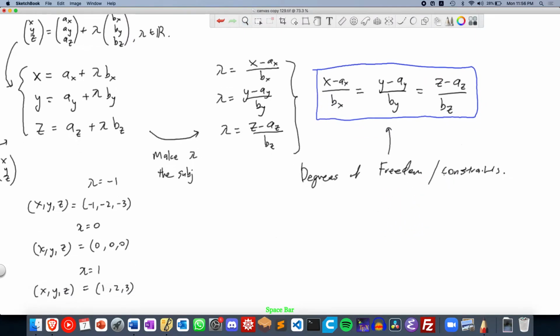So let's engage in a conversation where I say that you can choose any x, y, and z coordinate that you want, anything. So you can choose any value of x you want. Let's say you choose 1, then you can choose any value of y you want. Let's say you choose 1, and then you can choose any value of z you want, and let's say you choose 0.